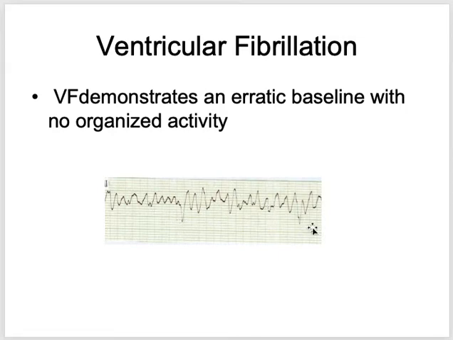It is random, it is unpredictable, and it is sometimes classified as being fine or coarse, depending on whether the electrical activity is of very small and fine amplitude, or like this one, large and coarse amplitude. So this is what we call ventricular fibrillation.